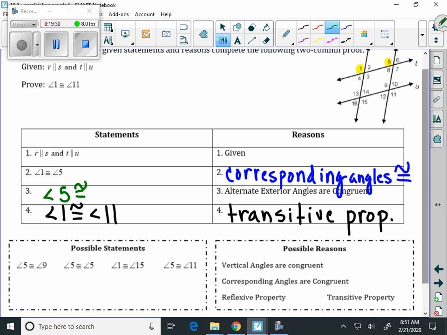Because angle 5 was used in step 2, and so now that we know to use angle 5, we want to get angle 11. Let's see if I fill it in, if it works.